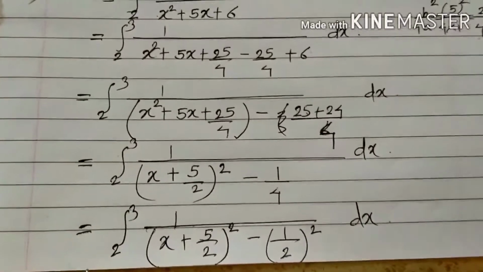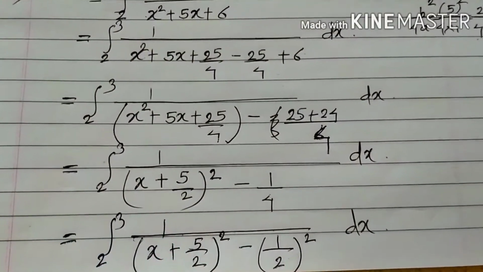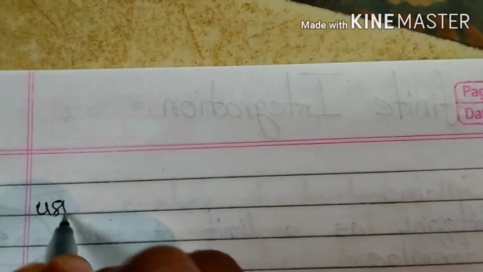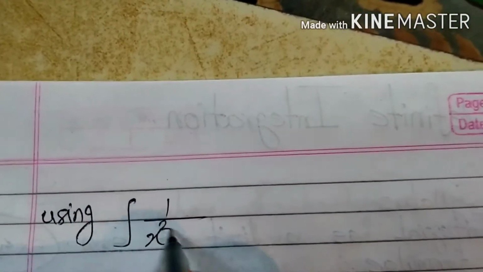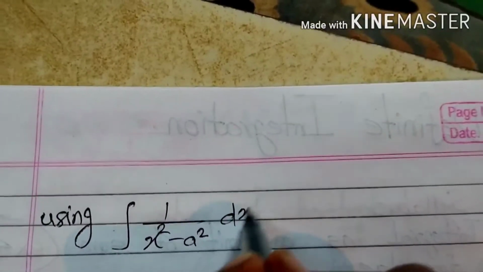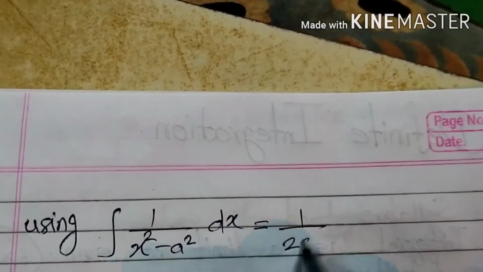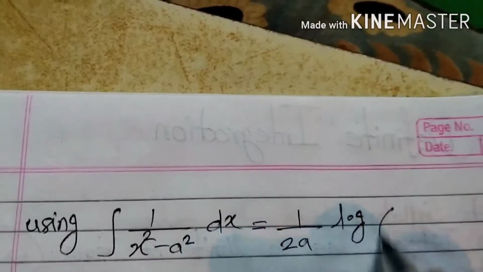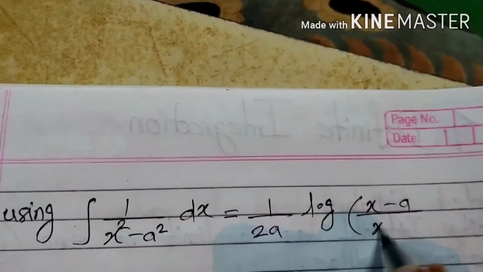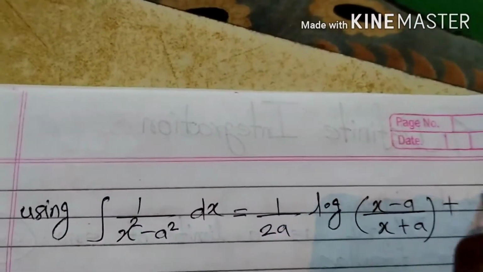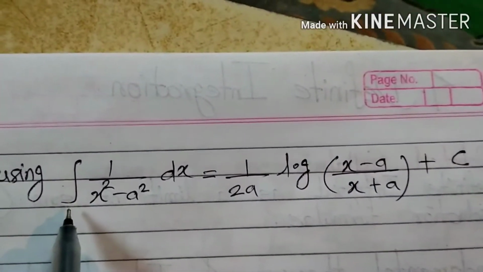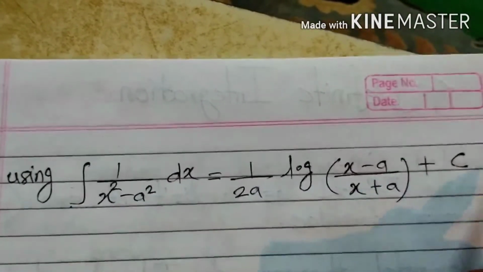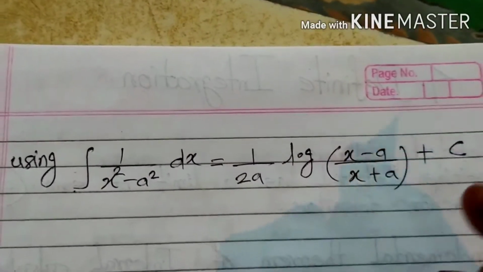We know the formula of integration of 1 upon x square minus a square. So using integration of 1 upon x square minus a square dx is equal to 1 upon 2a log of x minus a upon x plus a plus c. But when we take definite integration, then the constant of integration will cancel.